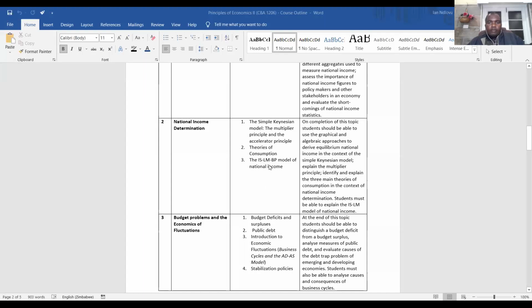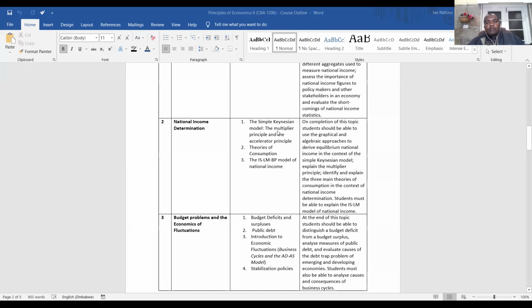So I'm going to present the course outline, that part of the course outline that we're going to cover under this topic. As you can see, under topic number 2, which is national income determination, we are looking at the simple Keynesian model.